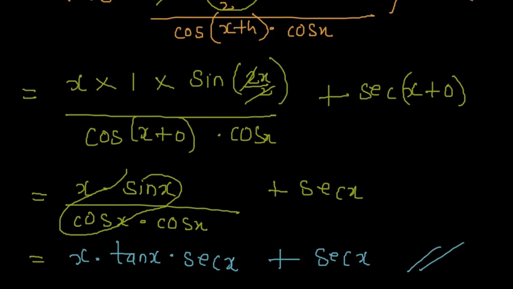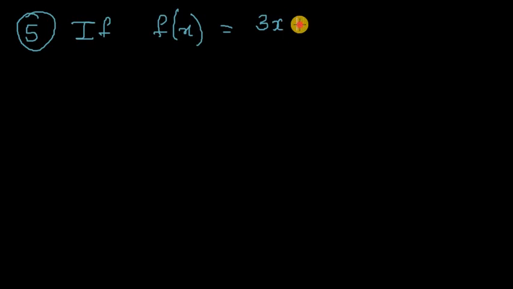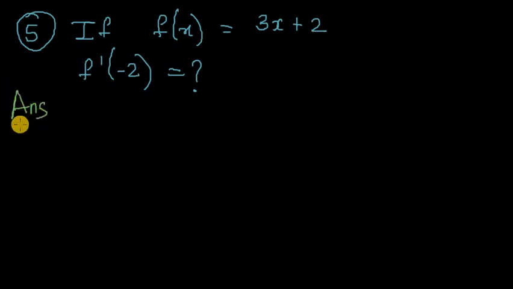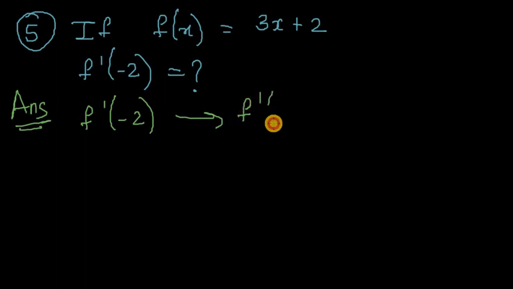Let us solve different kinds of problems now. Question number 5. If f of x is equal to 3x plus 2, then find f dash of minus 2. I need to know the value of f dash of minus 2 using first principle. What's the important part over here? Using first principle. So before you find f dash of minus 2, what we need is f dash of x.